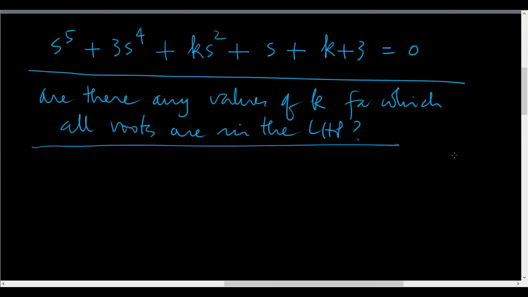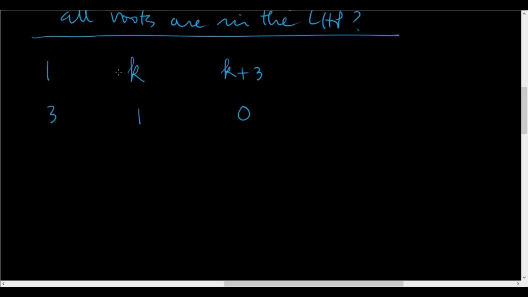So from here we will have 1, from here we will have k, from here we will have k plus 3, from here we will have 3, from here we will have 1, and here we will have 0. Let's make the Routh array. That is (3k minus 2) by 3. This needs to be greater than 0. This one over here, this times that minus 0 by this, is just going to be k plus 3, and 0.